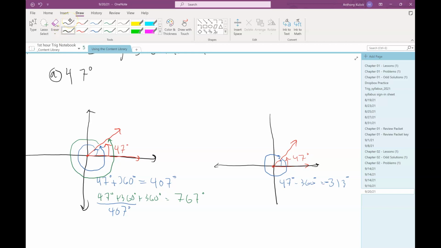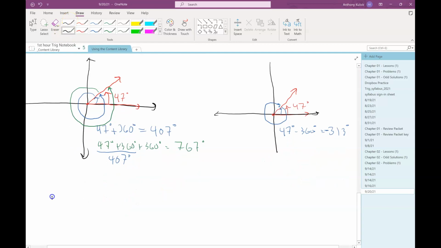How would this change if instead we had a radian measure? An angle that's given in radians rather than degrees. Here we won't bother to draw the picture since we've established what the procedure is. It'd be the same idea, right? I still would want to add or subtract 360.